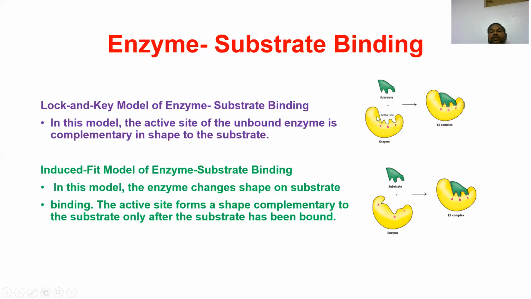If you see the shape of the active site and the substrate shape, the substrate shape is complementary to the active site of the enzyme. So it fits in the active site of the enzyme, and it works like a lock and key mechanism.